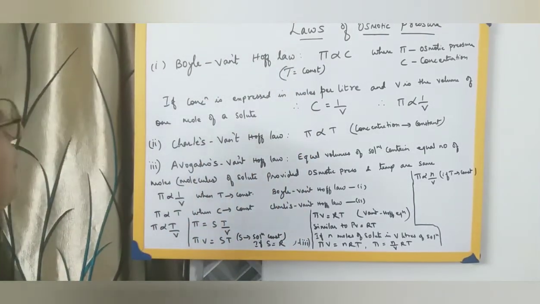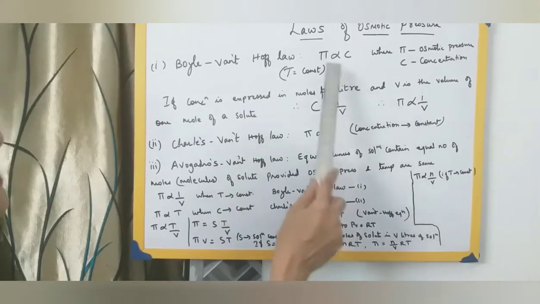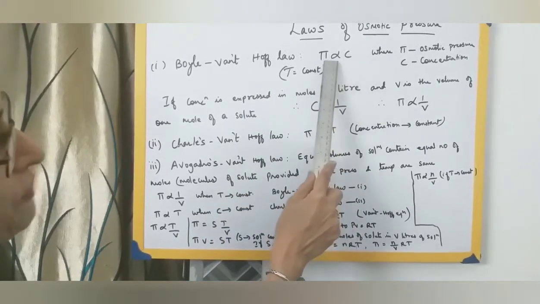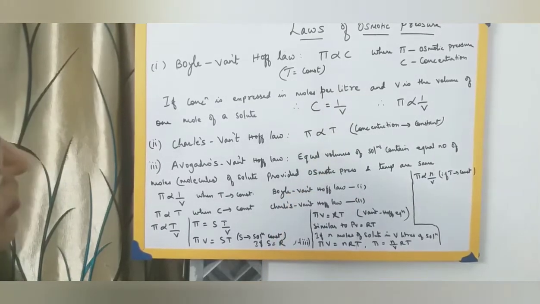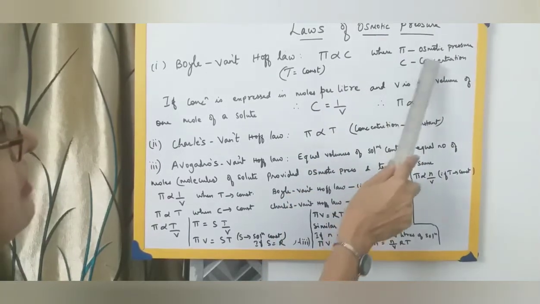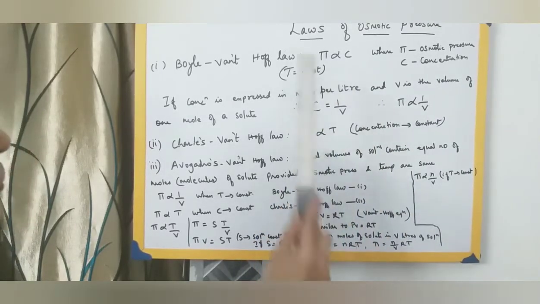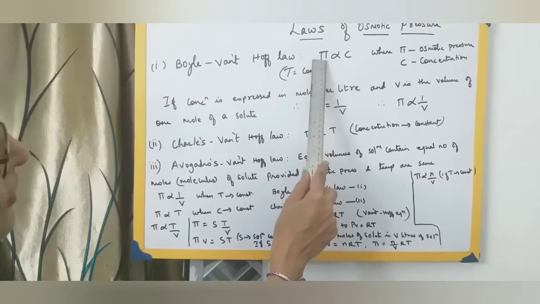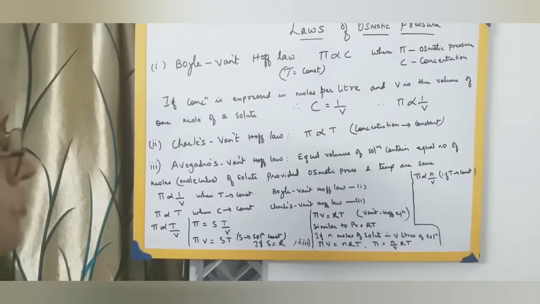According to the first law, that is Boyle's-Van 't Hoff law, if we represent osmotic pressure by pi, osmotic pressure is directly proportional to concentration, where pi is the osmotic pressure and C is the concentration, and temperature has been kept constant. So the osmotic pressure of a dilute solution is directly proportional to the concentration of the solution.